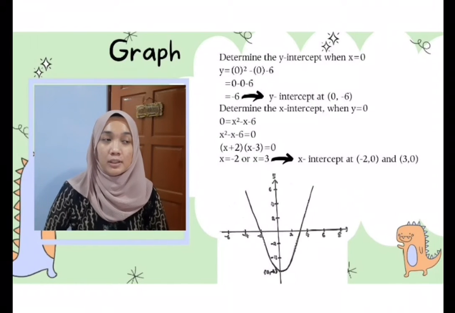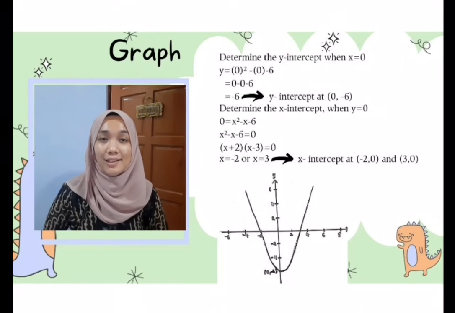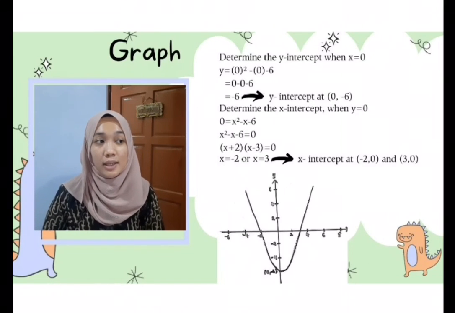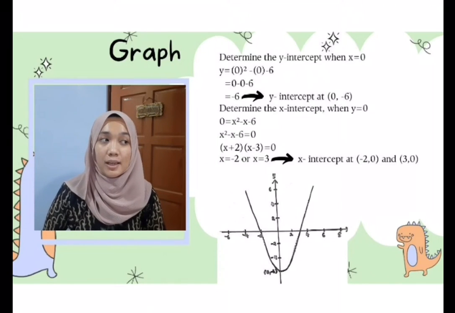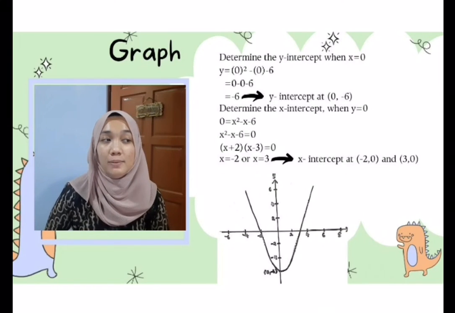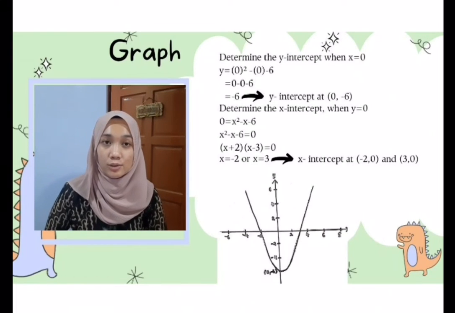To plot the graph, we need to determine the y-intercept when x equals 0. So from the equation, we just substitute x equals 0 and we will get negative 6. So at the y-intercept, the coordinate is 0 and negative 6. To determine the x-intercept when y equals 0, do the same as for the y-intercept.